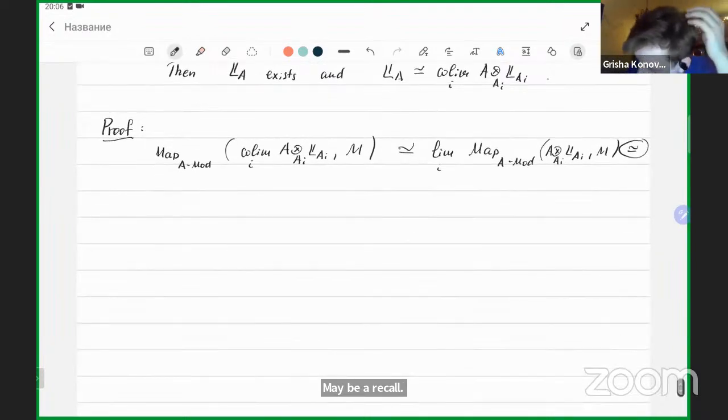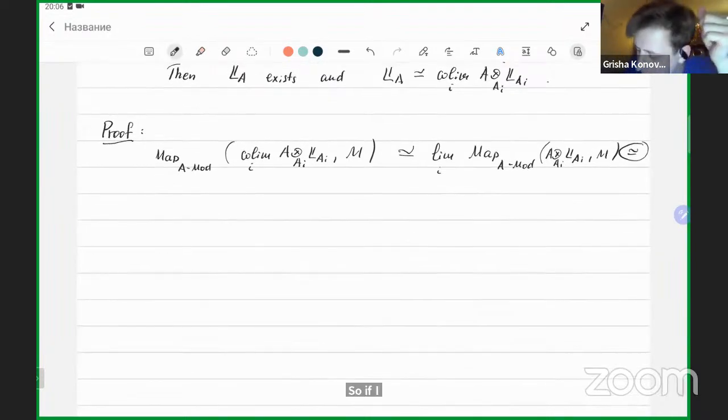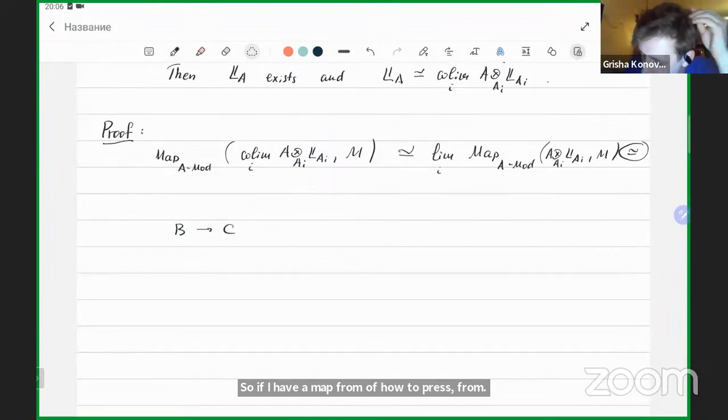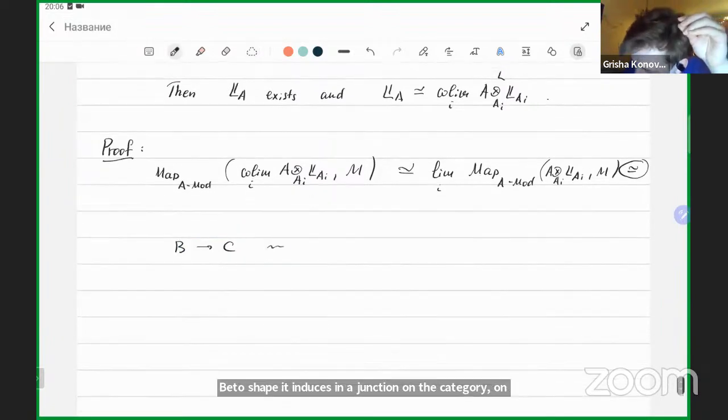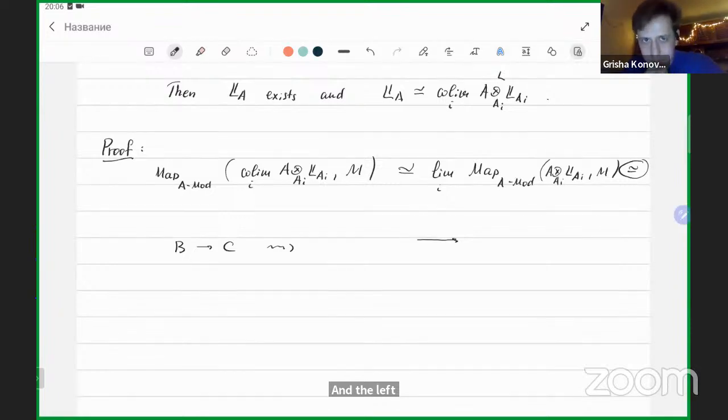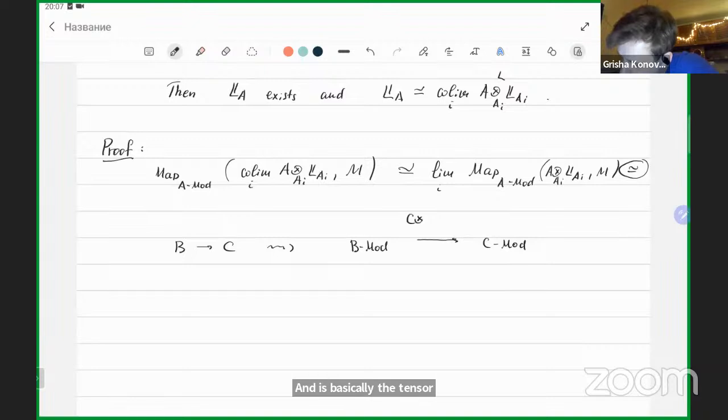So if I have a map of algebras from B to C, it induces an adjunction on the categories of modules. And the left adjoint goes from B modules to C modules, and is basically the tensor product, the derived tensor product.